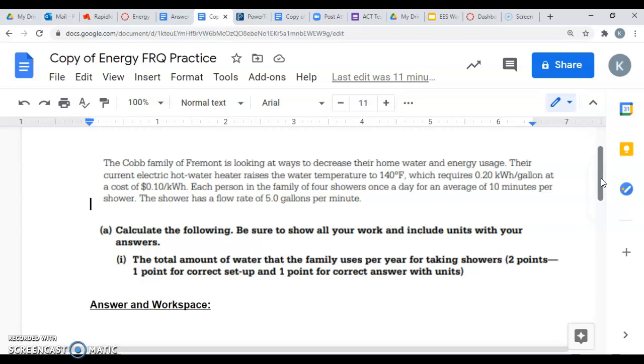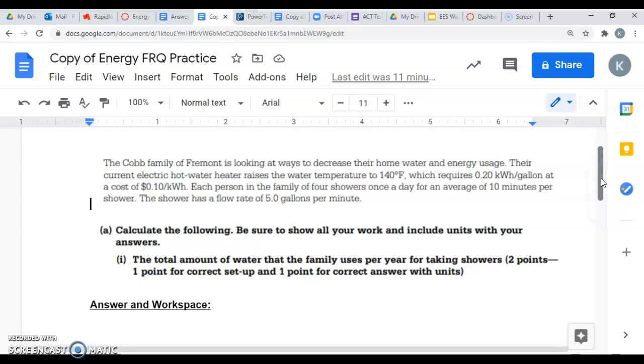And if you notice, any time for calculations, you do get 2 points: 1 point for setting it up correctly, and then 1 point for solving it correctly. For this first one, it's pretty easy. It's just multiplying across based on what we know. We want to figure out how many gallons of water the family uses per year.